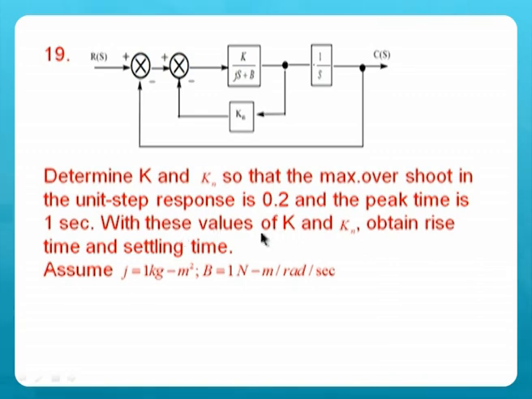With these values of k and kn, which you obtain from this data, you need to calculate the rise time and settling time. It is also given the moment of inertia J as 1 kg meter square and the friction coefficient as 1 Newton meter per radian per second. This is the data given which helps us to calculate the rise time and settling time.